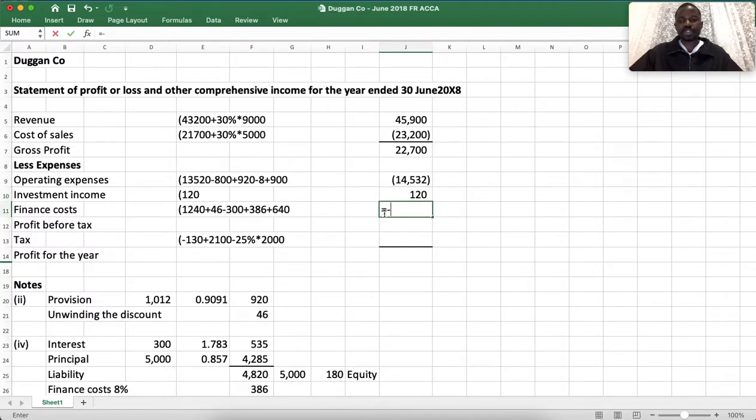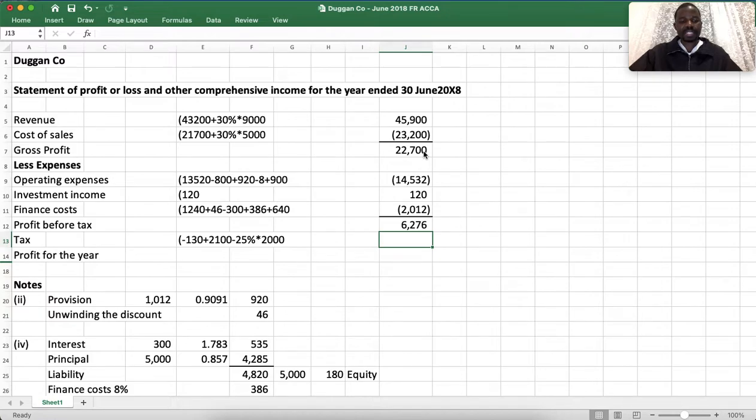Then our finance cost, we have got 1240, of which we add the 46, we subtract the 300, we add the 386, we also add the 640, like that. Then when we sum here, we should get the profit before tax.